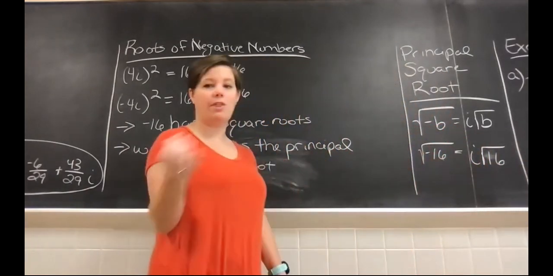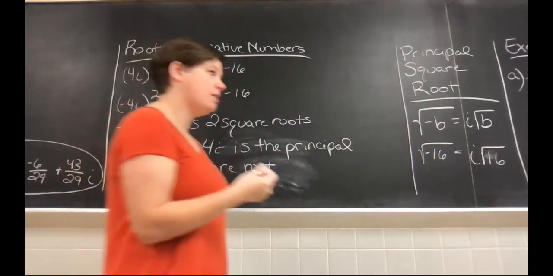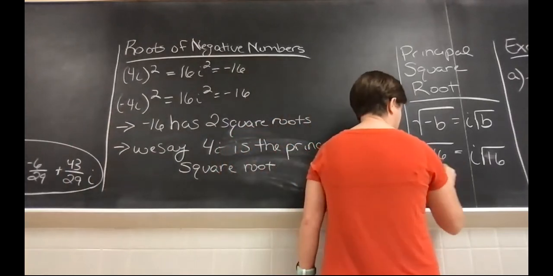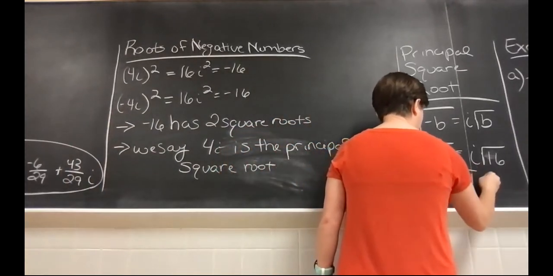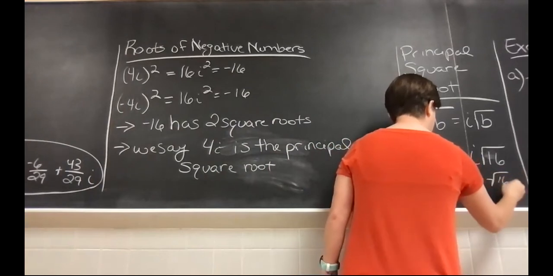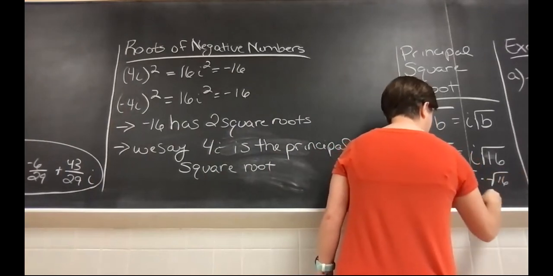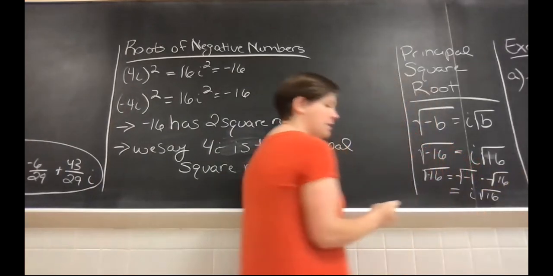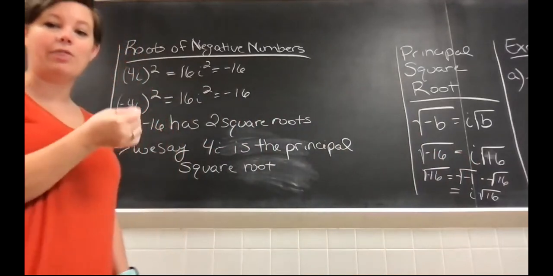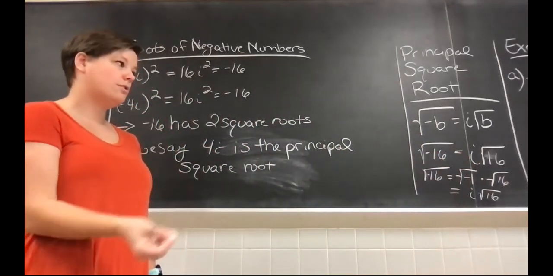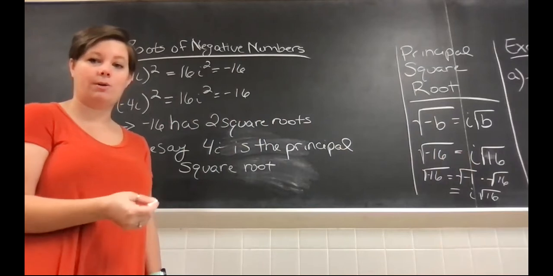We can just pull out that i, and we're able to do that because the square root of negative 16 equals the square root of negative 1 times the square root of 16, and that's i times the square root of 16. That's the very first example we did with the negative 25. We can just pull out that i and then just deal with the square root that's under the radical.